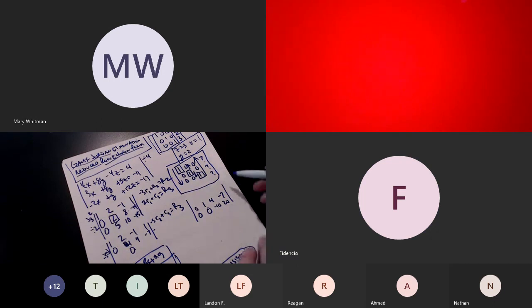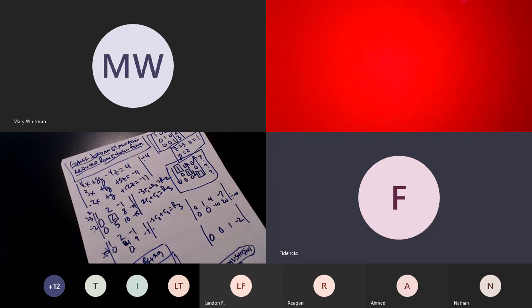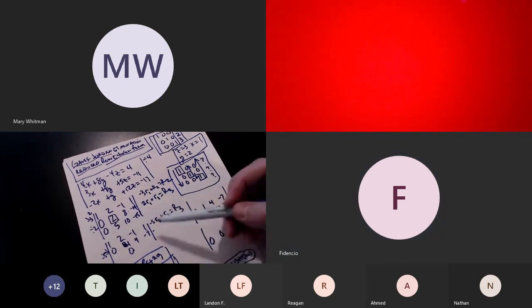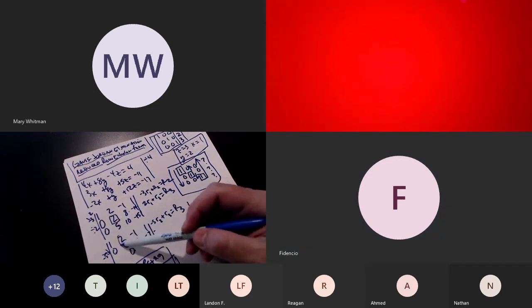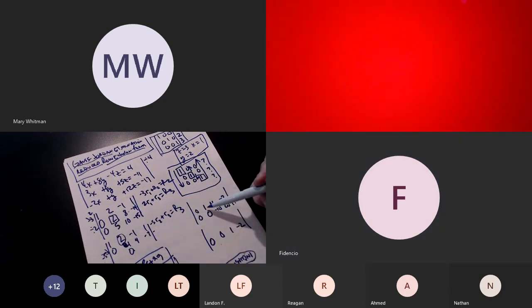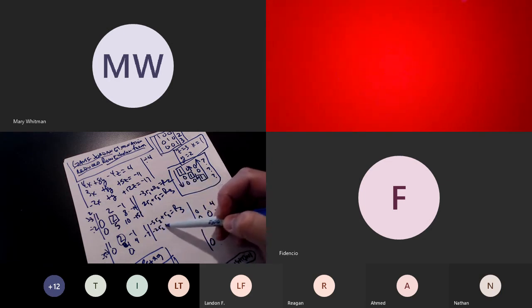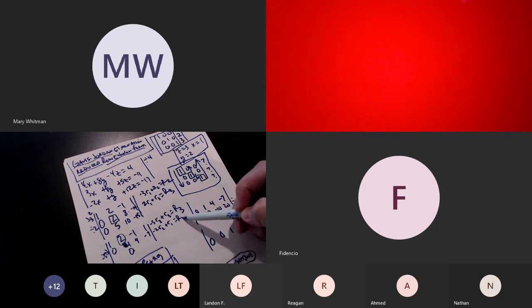Now, it's really easy. I'm going to divide this by -10. Okay, so my bottom row is going to be 0, 0, 1, and -2. Okay. Now, I've got to turn this 2 here into a 0. The easiest way to do that is if I take -2 times row 2 plus row 1, and put that in row 1.